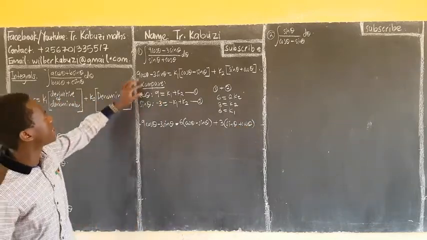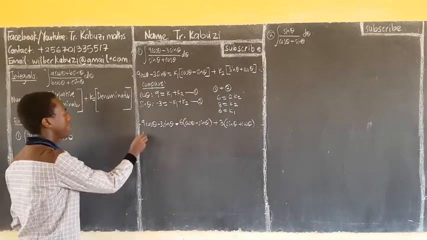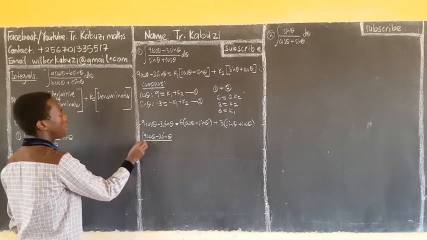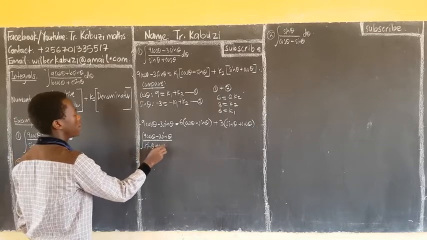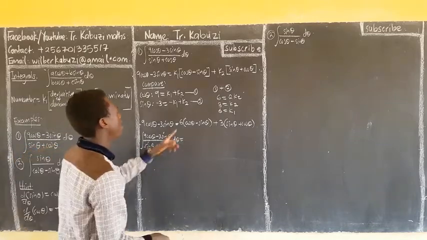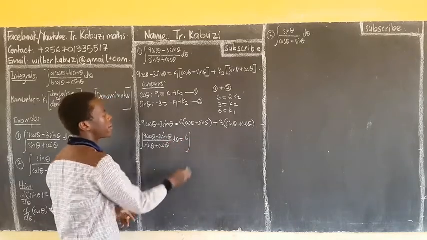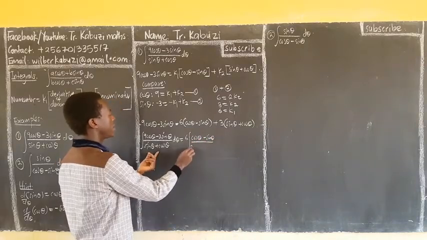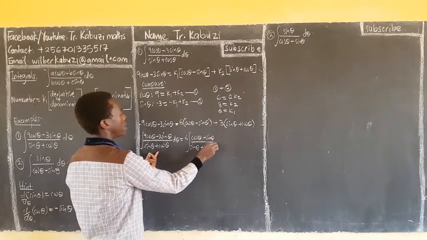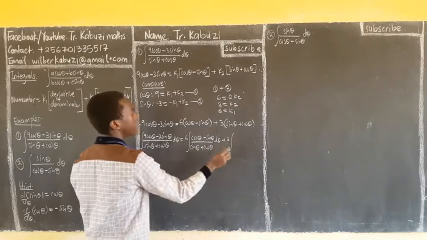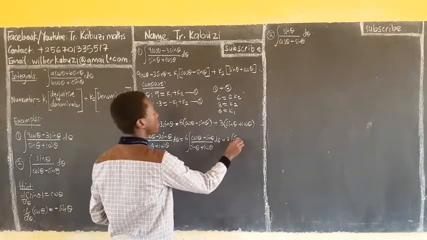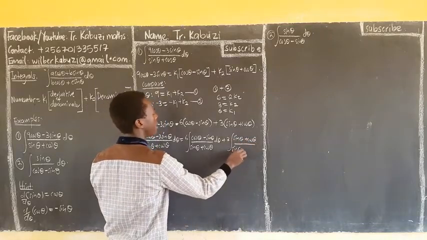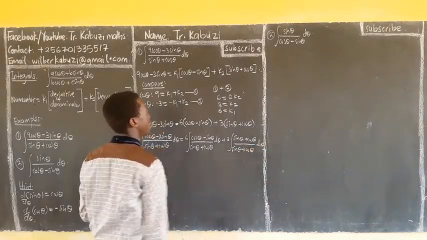So what is this integral? I'm going to substitute. The integral of 9 cos theta minus 3 sin theta over sin theta plus cos theta d theta will be: I take the 6 out, times cos theta minus sin theta over this denominator d theta, plus 3 times the whole denominator over the denominator d theta.